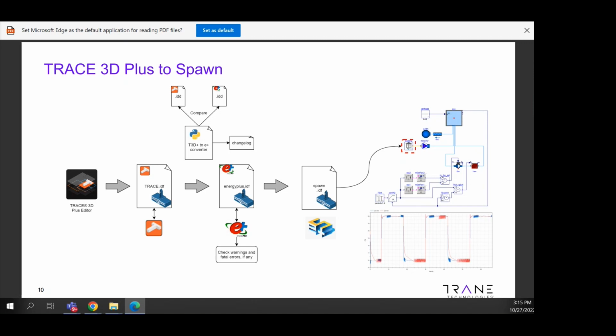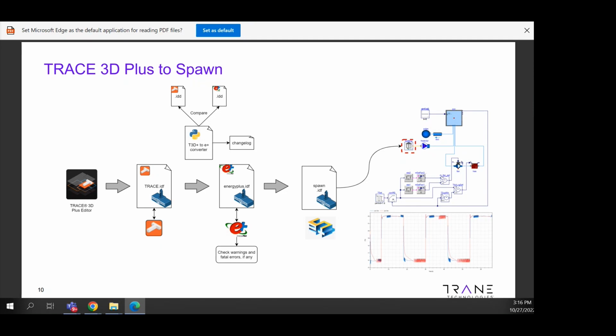Also, in a few other cases, there are additional control methods mentioned. So instead of, say, four control methods by default, like those in Energy Plus, in Trace there are six or seven.